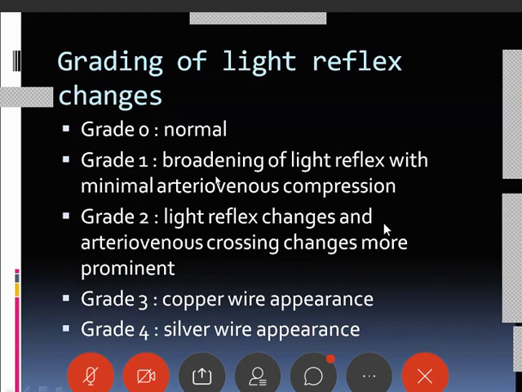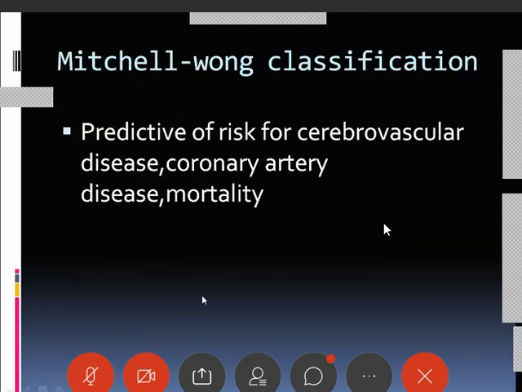So the combination of the two is the modified Scheie classification.